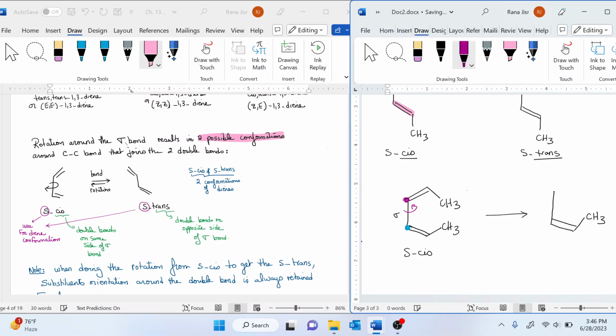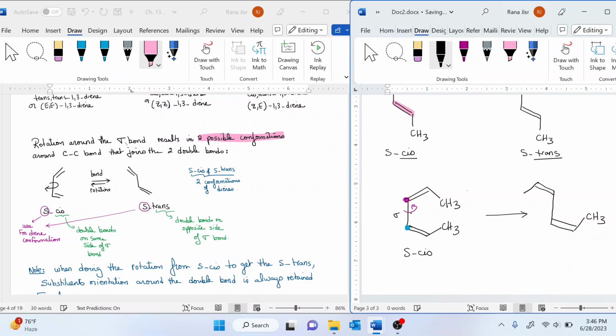Here you go. And if I am doing this, I'm going to end up having my double bond opposite to this double bond over here. Now the orientation of the substituents needs to be the same. This double bond has two substituents that are on the same side. They need to remain on the same side.